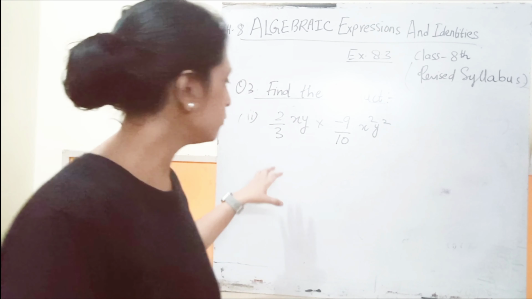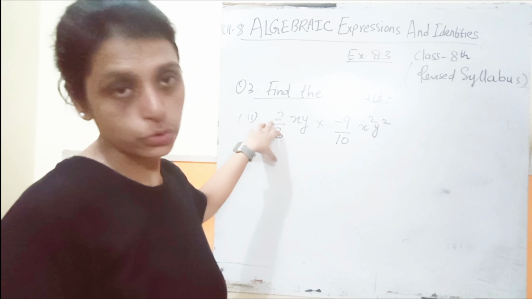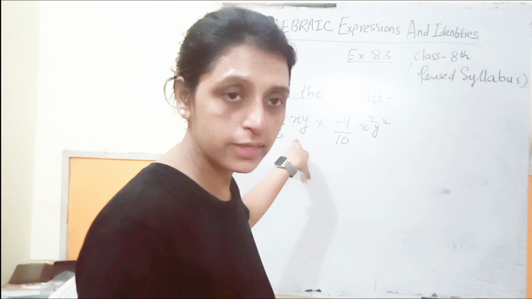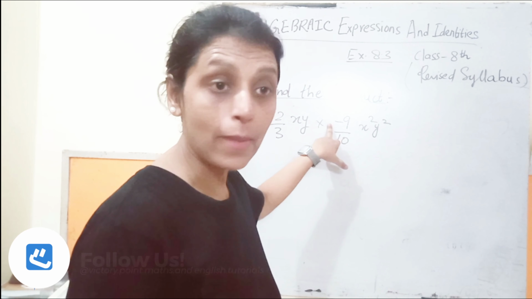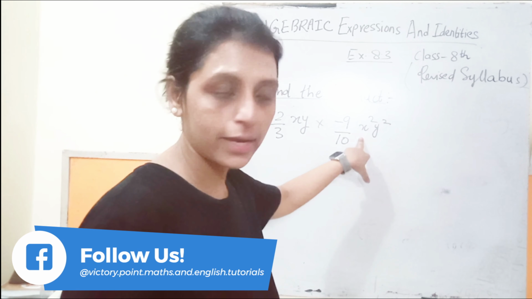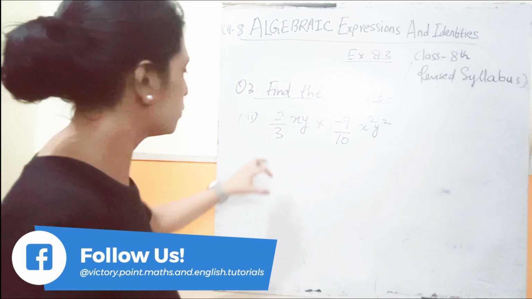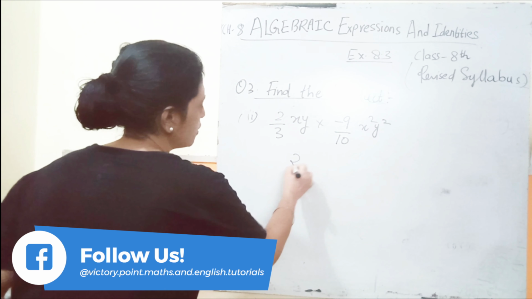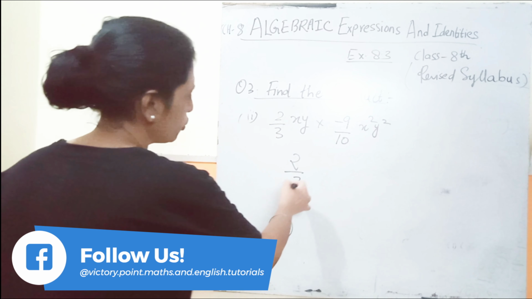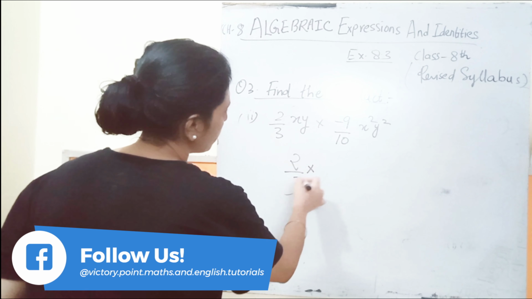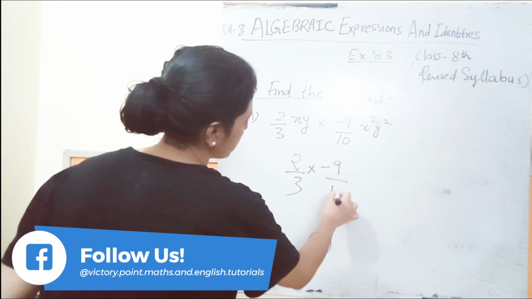Okay children? So children, in the second question we have to multiply 2 upon 3 xy multiplied by minus 9 by 10 x square into y square. Okay, so what we are going to do? First we are going to write the fractions, the numerical coefficients here. So 2 upon 3 into minus 9 by 10.